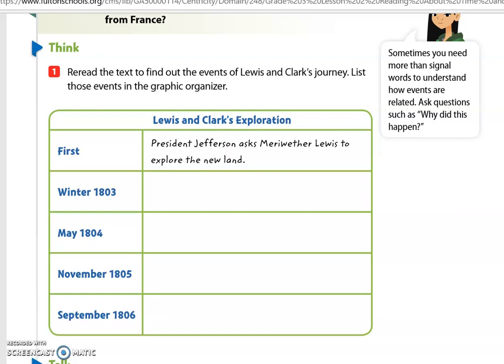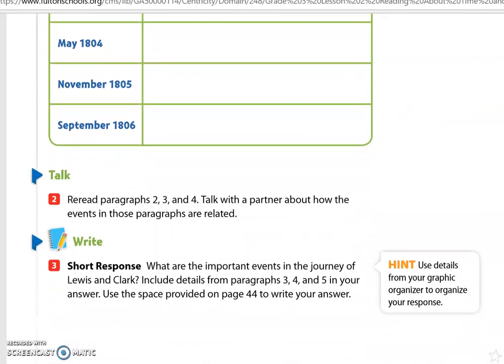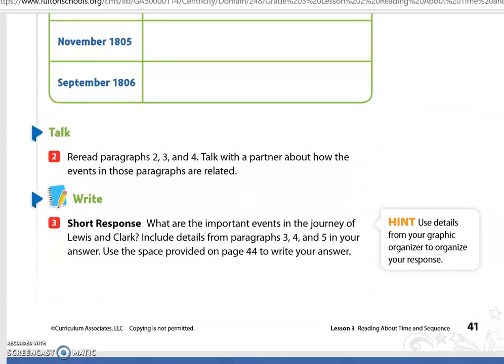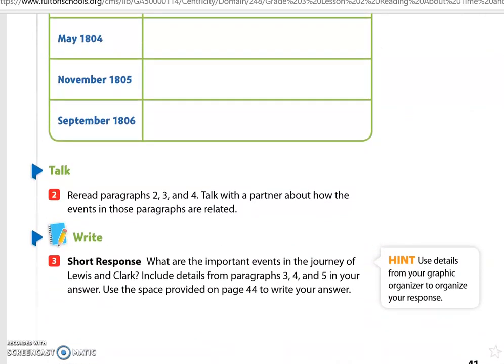Boys and girls, for today's exit ticket, we are answering the short response. What are the important events in the journey of Lewis and Clark? Include details from paragraphs 3, 4, and 5 in your answer.